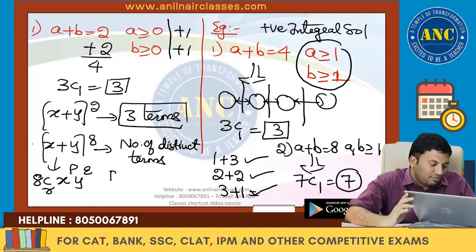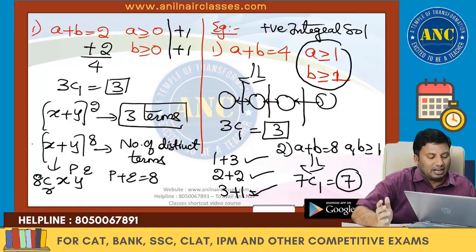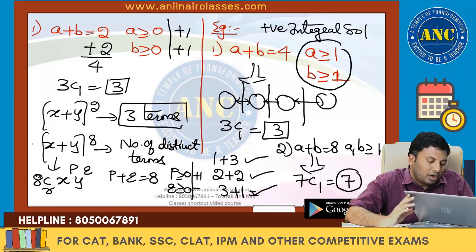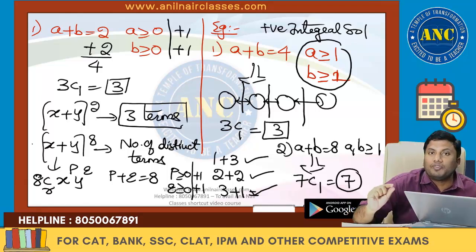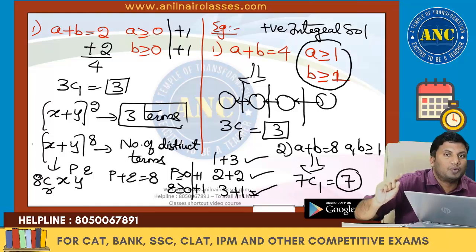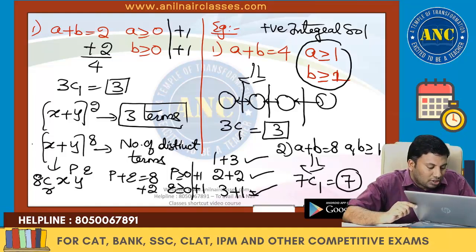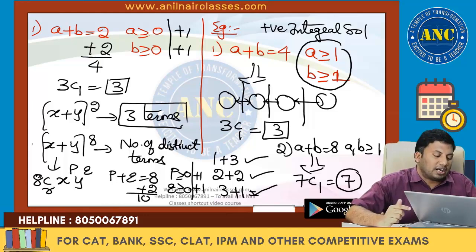The sum of the powers should always be equivalent to the power given in the left hand side, and it can start from 0. p is 0, q is 0. Add 1, add 1. Why are we adding 1? We know the approach to solve very easily when the variables are starting with 1. 8 plus 2 is 10. 10 balls are kept in a line.